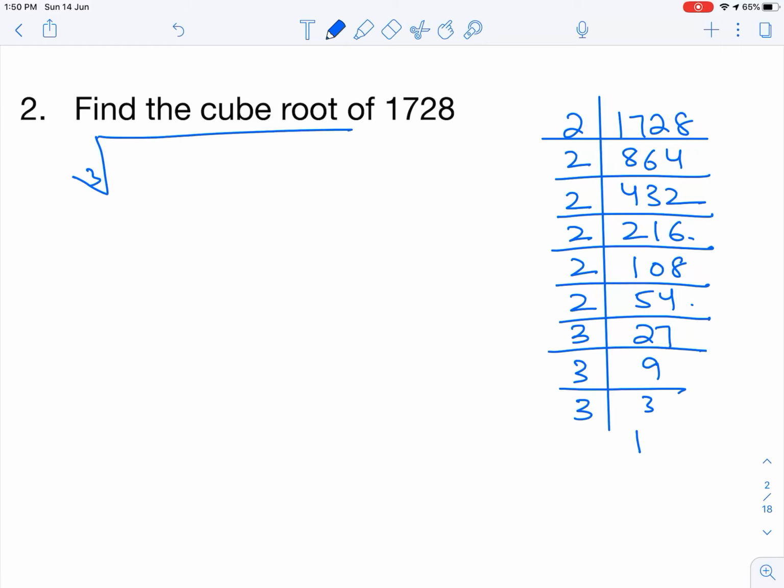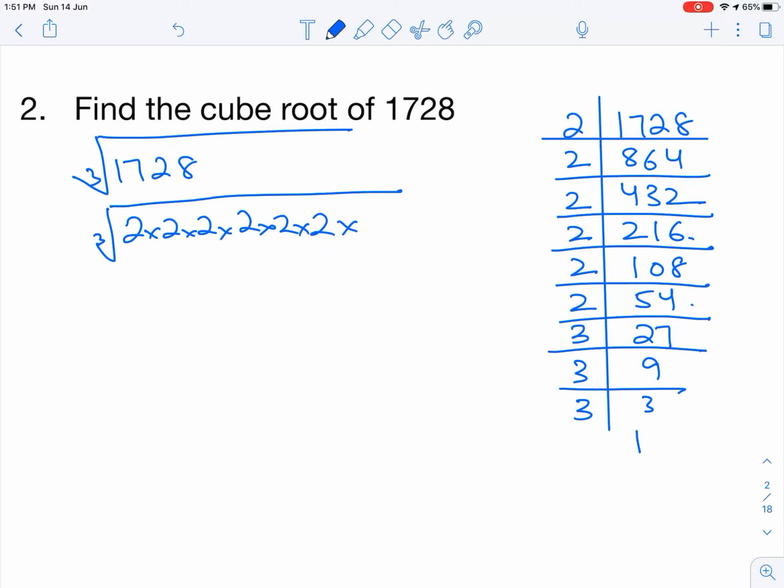In order to find the cube root of 1728, you've got 6 2's, and you've got 3 3's.